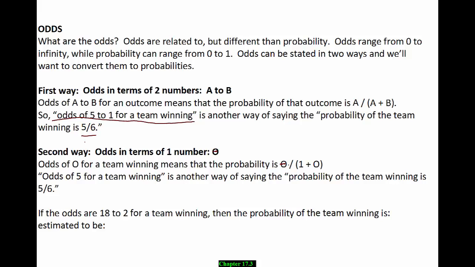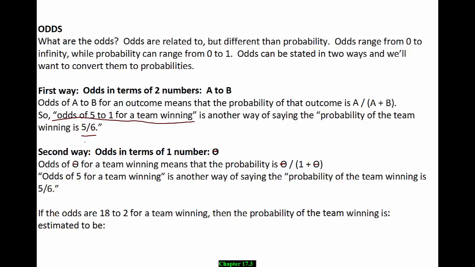So we're going to go ahead and change this to the Greek letter theta, just so it doesn't look like a 0. Then, if the odds are reported to you in terms of one number, the probability is the odds over 1 plus the odds. So the odds of 5 for a team winning is another way of saying the probability of the team winning is 5 over 6.